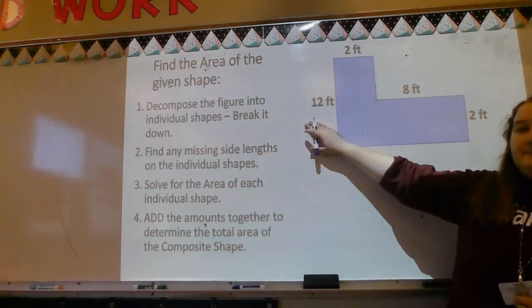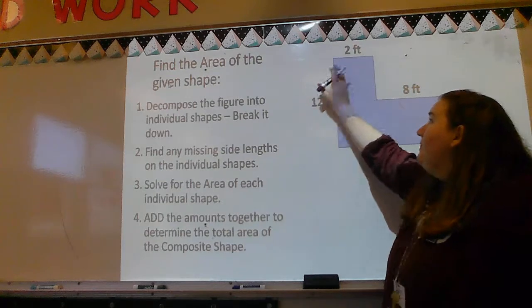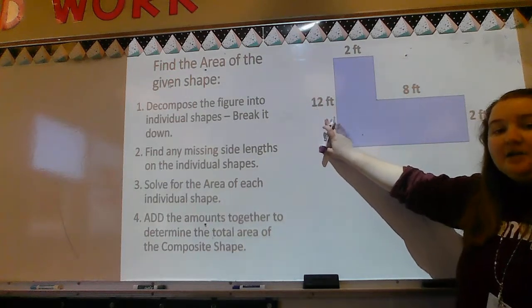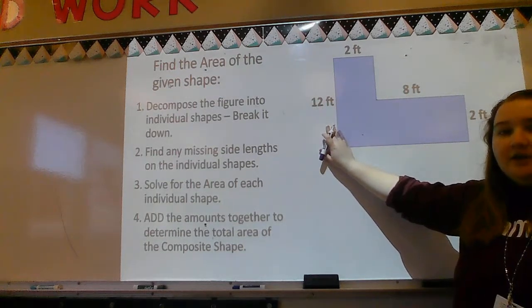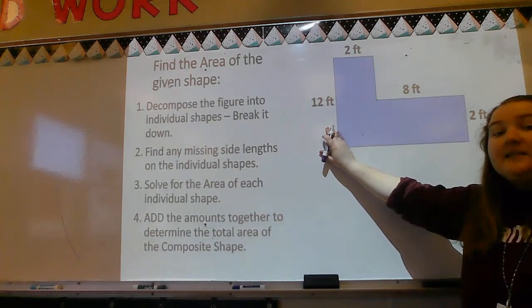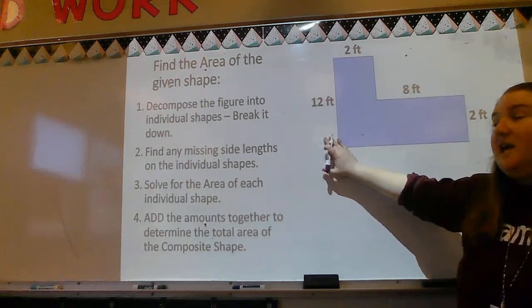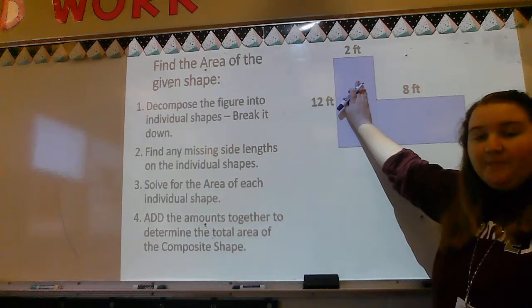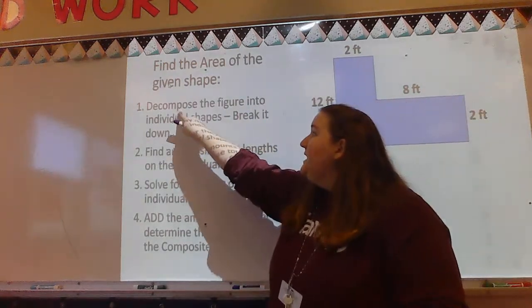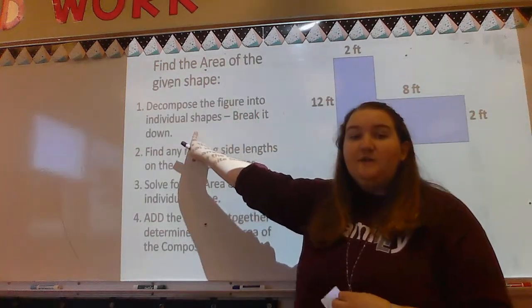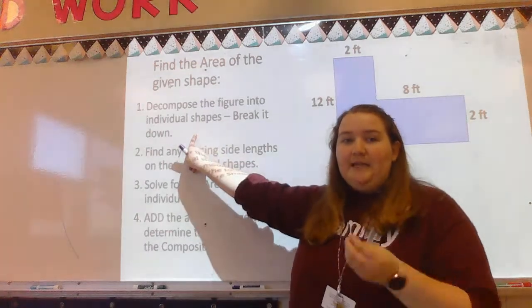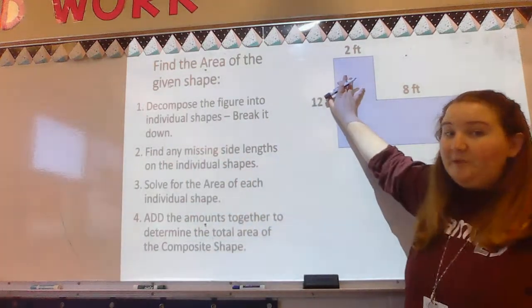Okay, 4 steps, okay? This obviously does not look like a rectangle or a circle or a triangle. It looks weird. It looks kind of different, okay? It is complex. There is more than one shape put together here, okay? So we're going to have to decompose the figure into individual shapes. We're going to have to break it down. There is no formula for this, okay?